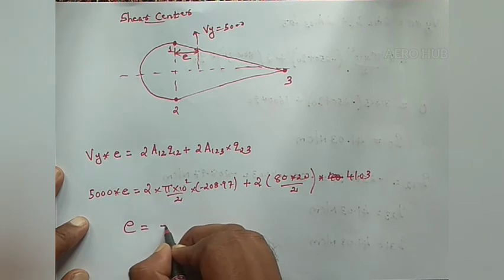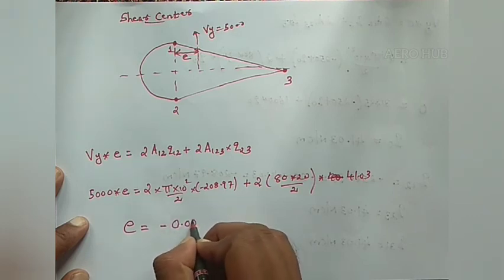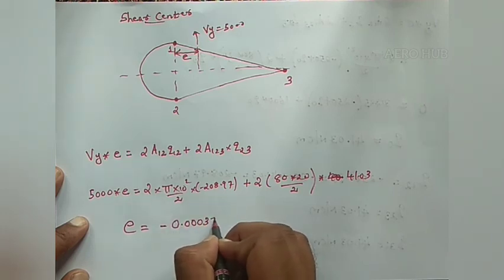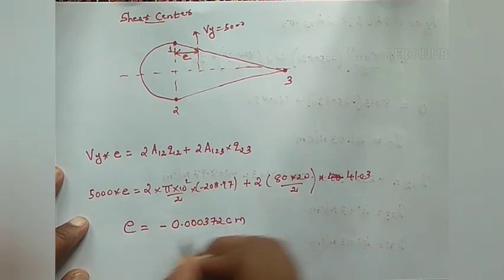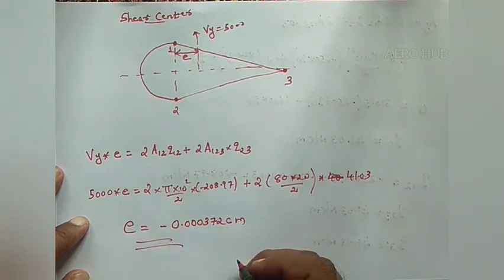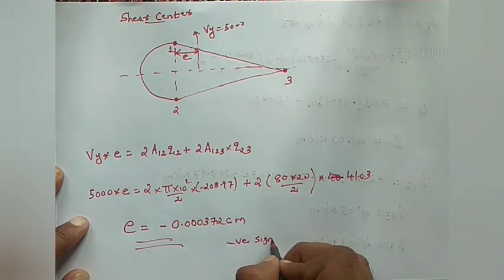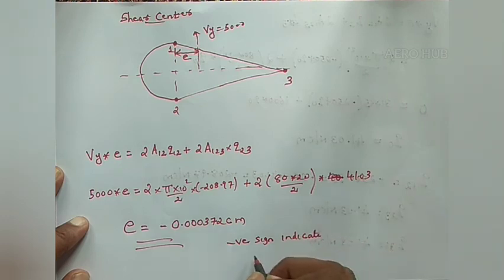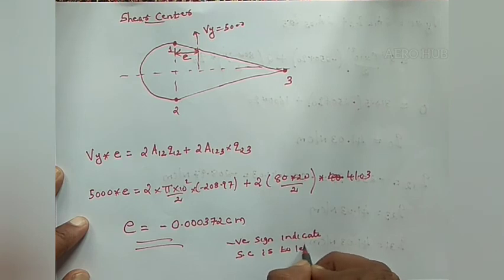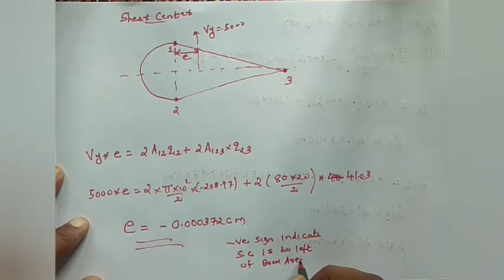And finally I'll be getting the value of E, and you can see I'm getting the value of E as minus 0.0000372 centimeter. Minus is nothing but the negative sign indicating the shear center is to the left of boom area 1.